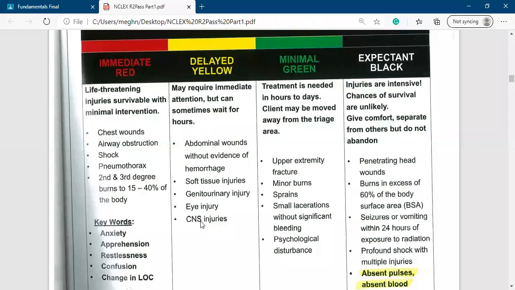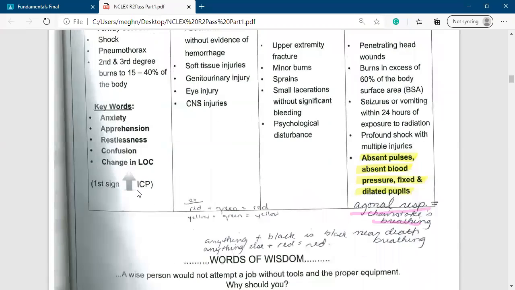The immediate red tag examples: chest wound, airway obstruction, shock, pneumothorax, meaning air inside the lungs, or second or third degree burn or major burn. They need immediate care, right?